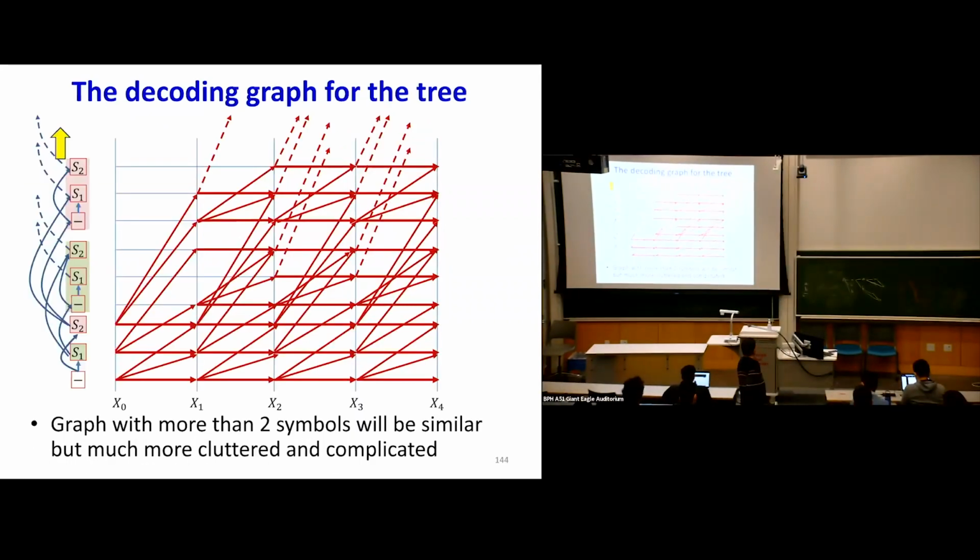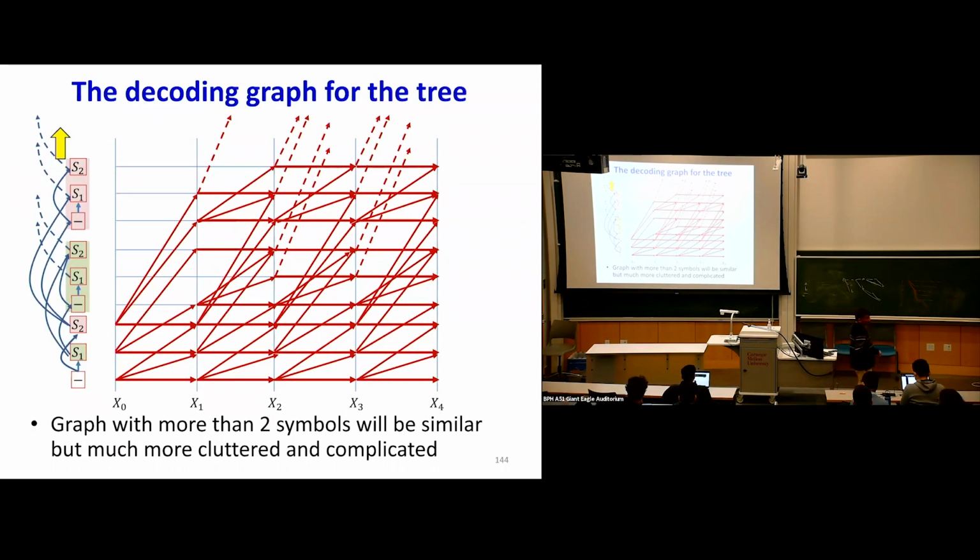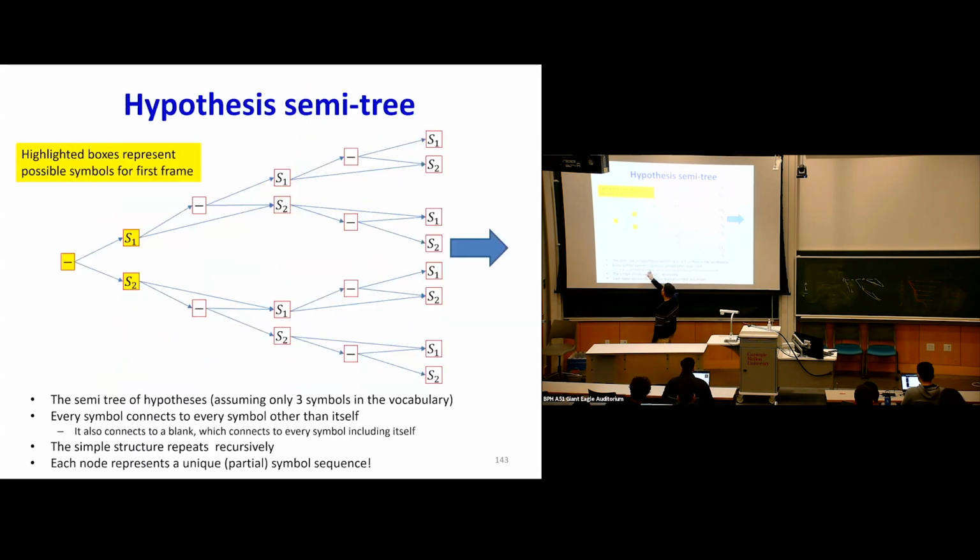So here's what I will do. I'm going to take this tree over here and draw this on the left-hand side of my graph. I just drew it vertically. I can always draw a tree vertically, right? And now, look at this trellis. Each node in this tree represents a unique symbol sequence, right?